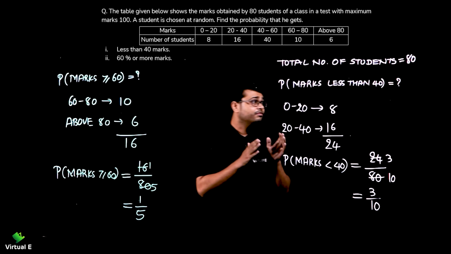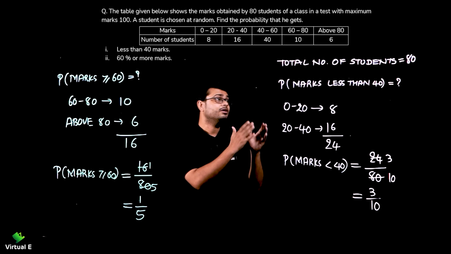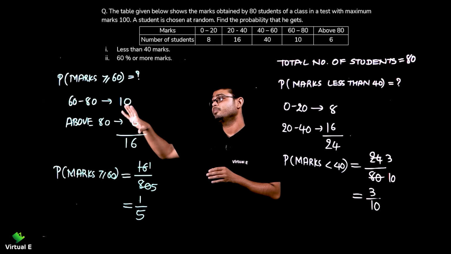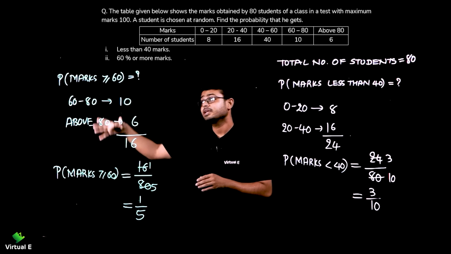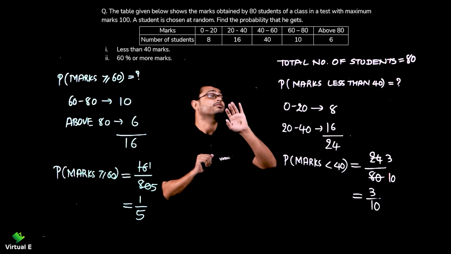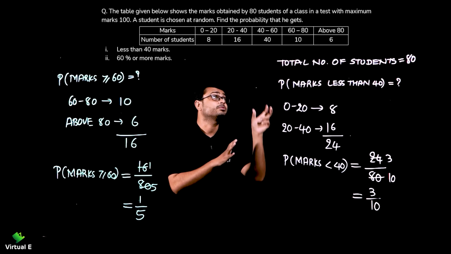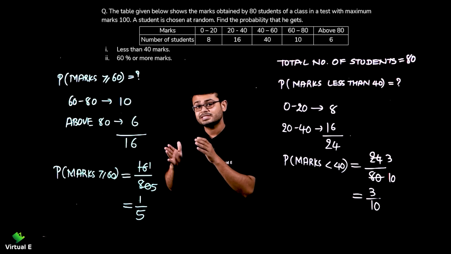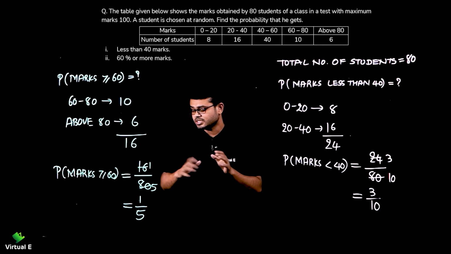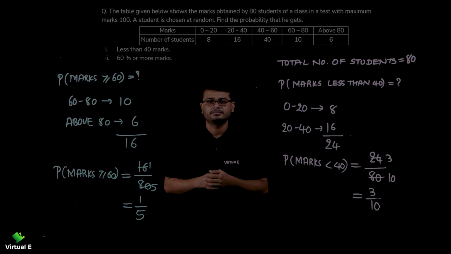First, we wanted to find the probability of students getting marks less than 40. And here we want to find the probability of marks more than 60. So these are two different categories, right? First of all, we focus till 40 only, so the first two categories, then 60 and more, so the last two categories. So this is how we find the probability.